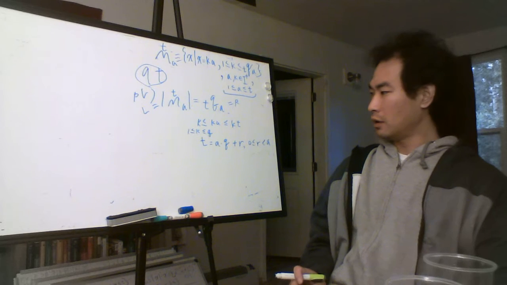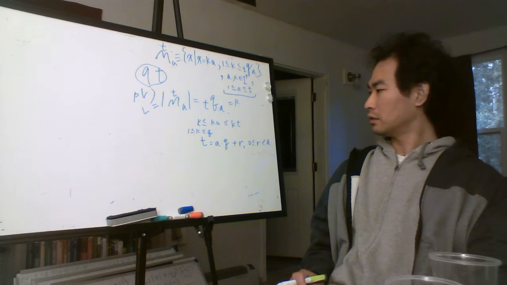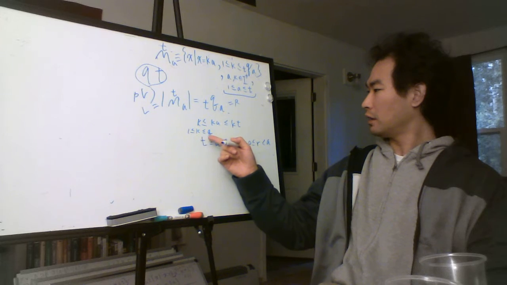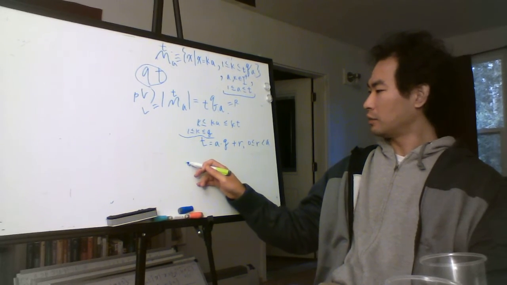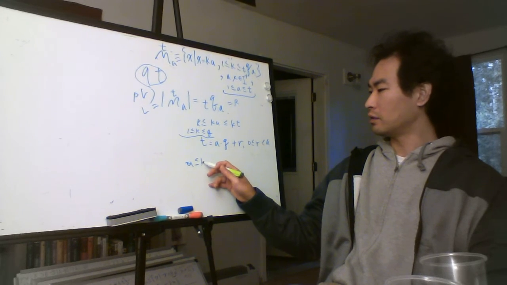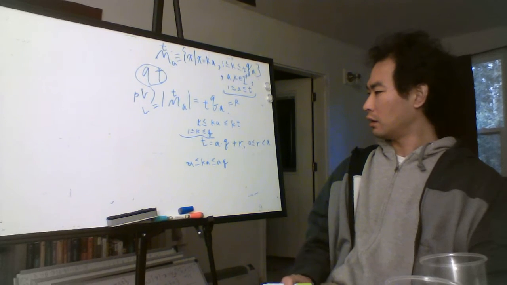Well, let's multiply by a here, from this guy. So multiply by a, a positive number. So ka is at most aq.